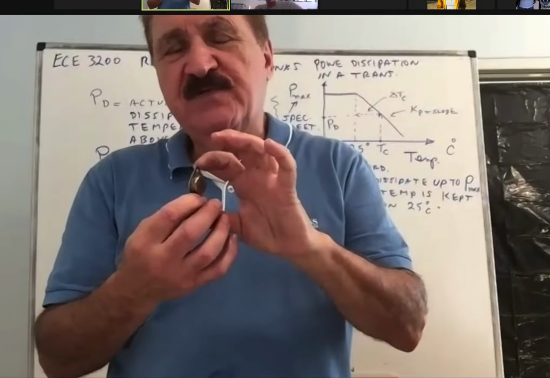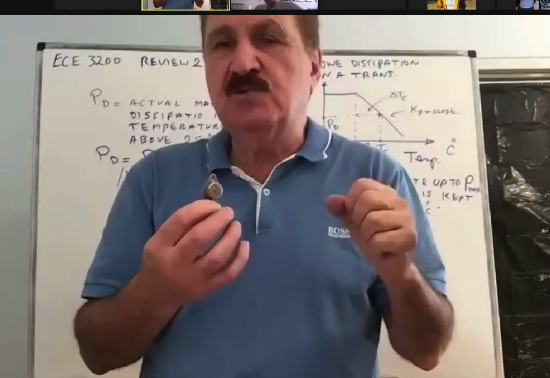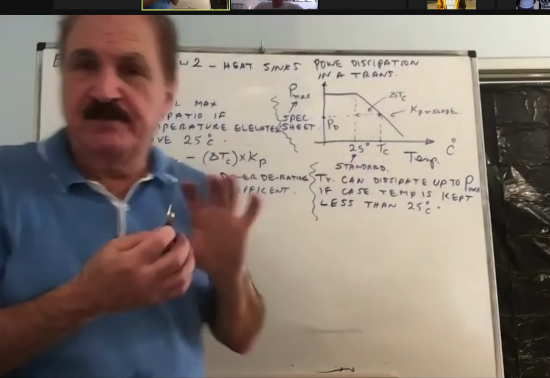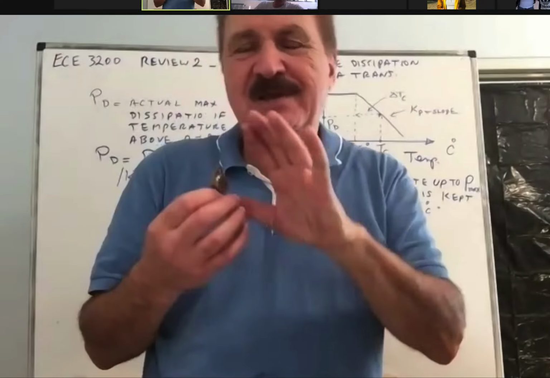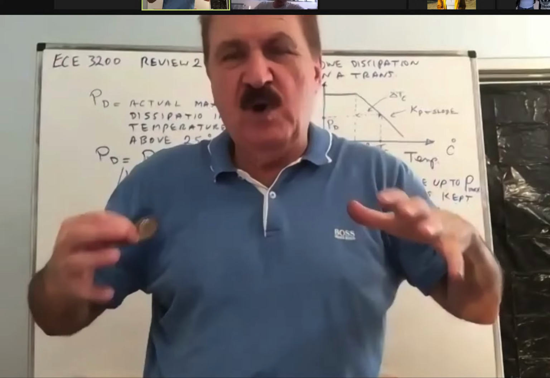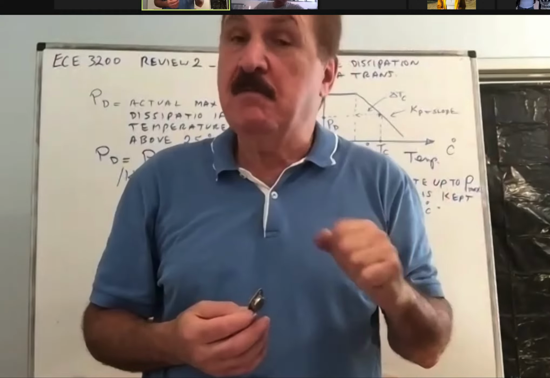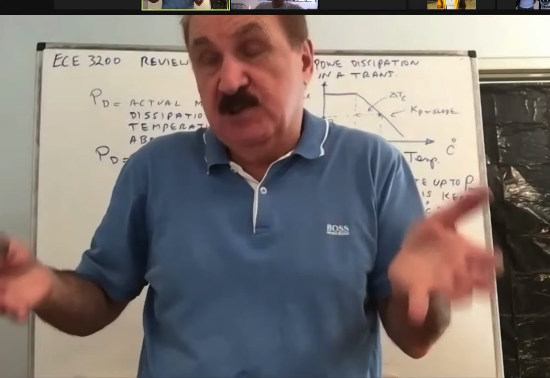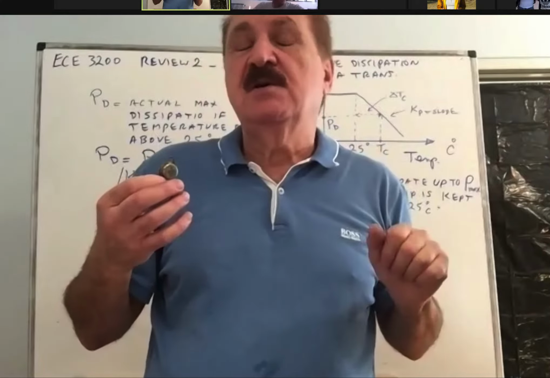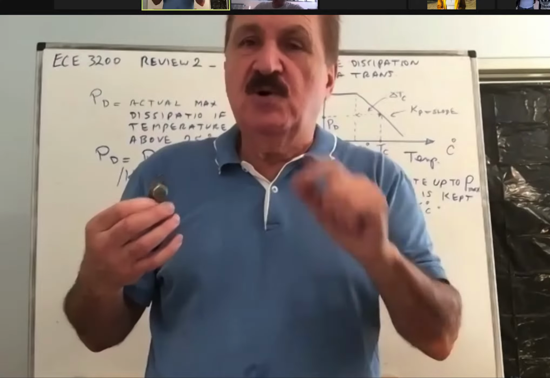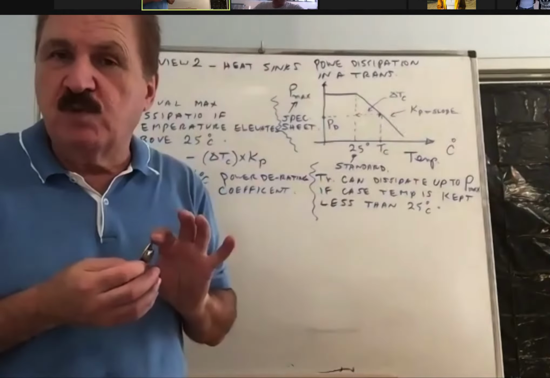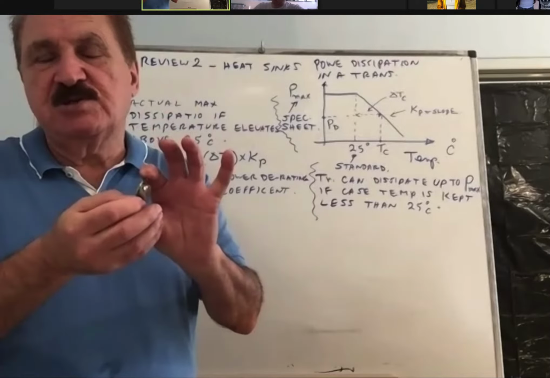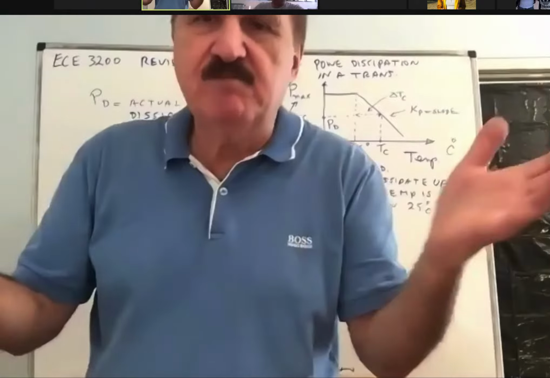If the temperature of that case rises up to 25 degrees, you are on the border. Theoretically, it can hold that 100 watt dissipation. But if your temperature rises because of the circuit application beyond that, then don't count on that 100 watt permitted power, because the transistor can technically burn.